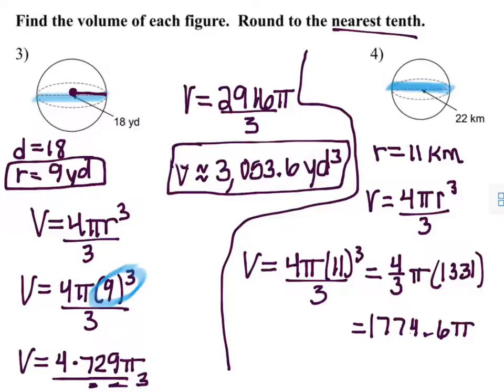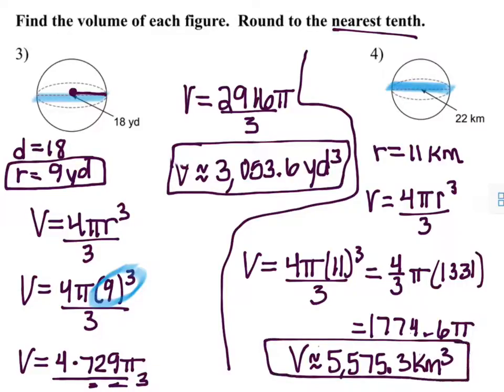Like I said in the first video, sometimes they want us to leave it in terms of pi, but most of the time they want you to approximate. So volume is approximately 5,575.3 kilometers cubed. So those are our two examples for spheres.